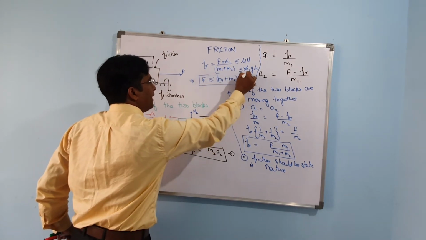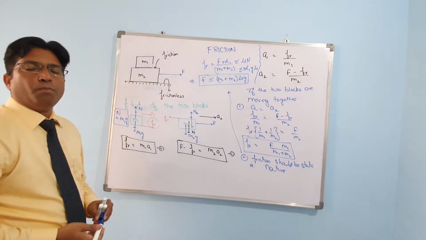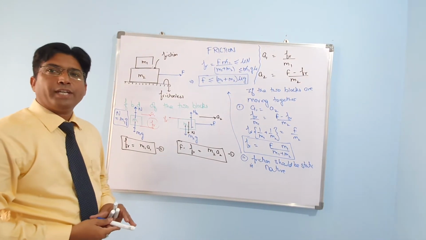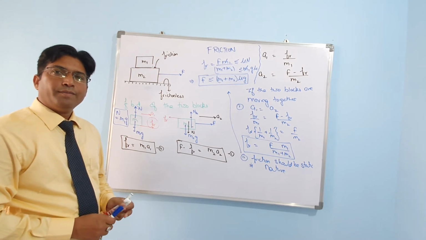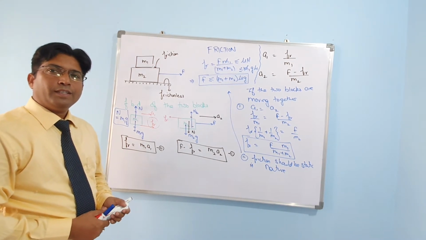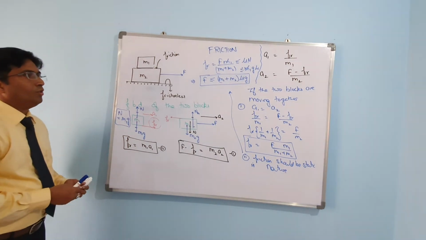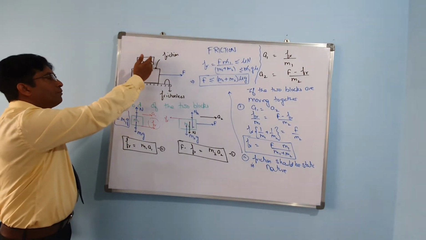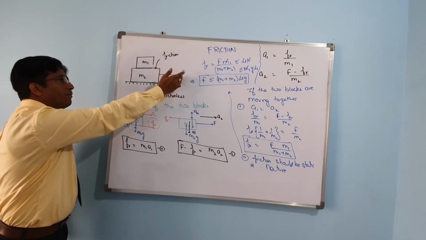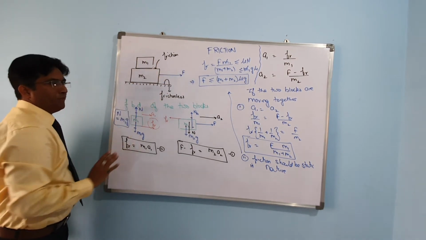That should be the applied force acting on block mass m2 so that the two blocks are moving together. Is that clear? So this is the first case which we discussed, where the block of mass m2 is being applied by force F and the two are moving together.